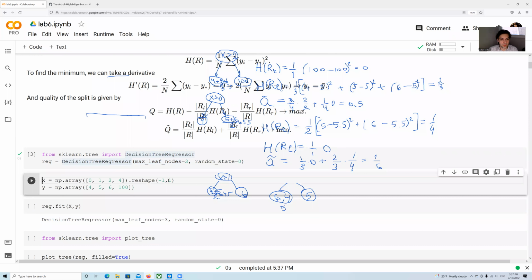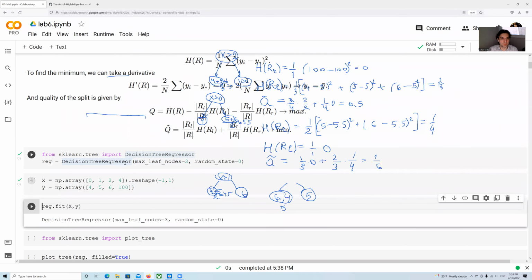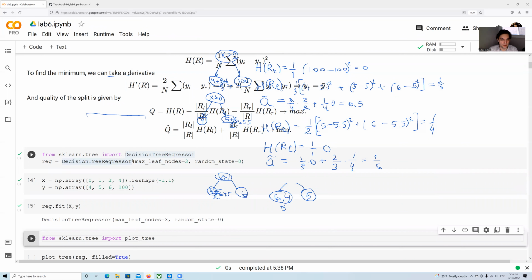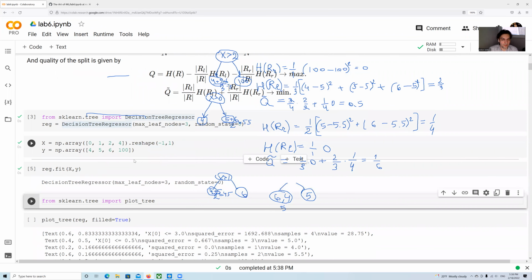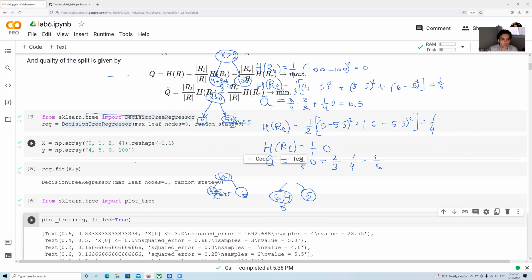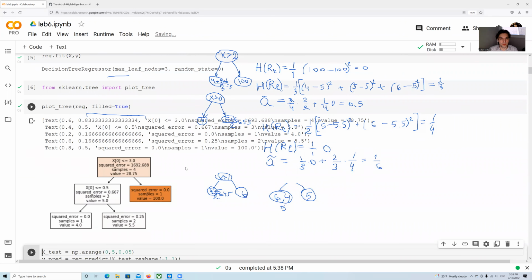We reshape it to make one column and the rest number of rows. In this case, it will be 4, because our model takes as input a matrix, not an array. Fit the regressor and use function plot_tree to plot the resulting tree.